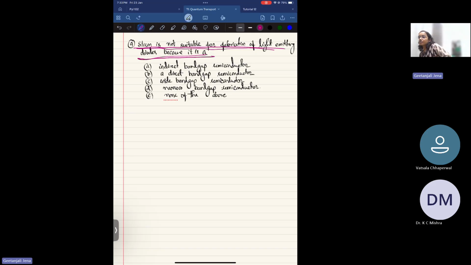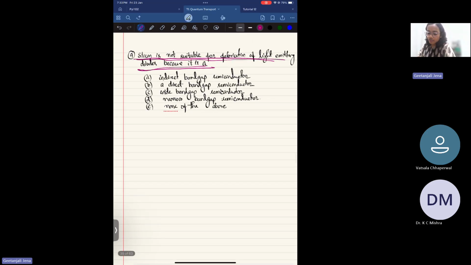So for this, if you recall semiconductor physics, you have two types of material. One is the direct band gap semiconductor, one is the indirect band gap semiconductor. Direct band gap means, if I want to express it in a picture, the conduction band minima and the valence band maxima occur at the same point, at the same K value.